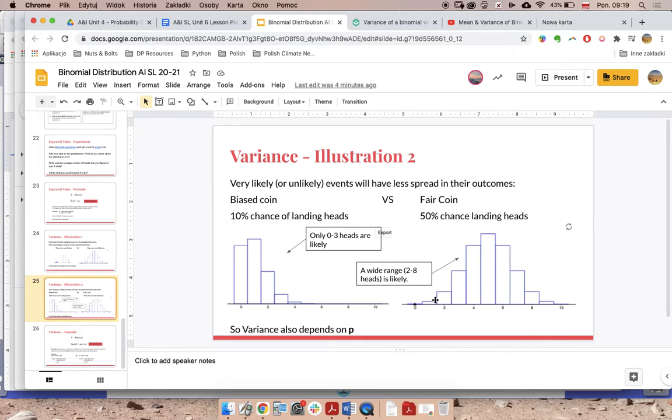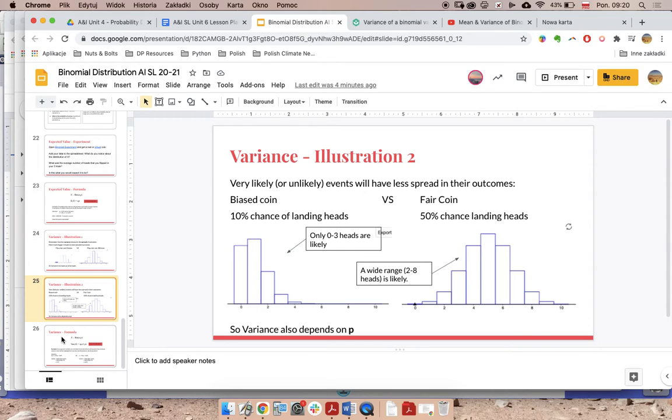Versus if the coin is fair, and you have a 50-50 chance of landing heads, then you have a wider spread of possible outcomes, because you could get 5 heads and 5 tails, but it's also not that unlikely that you would get 4 and 6, or 3 and 7, and so on. So the variance will also depend on p, the probability of success.